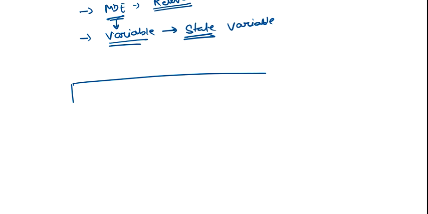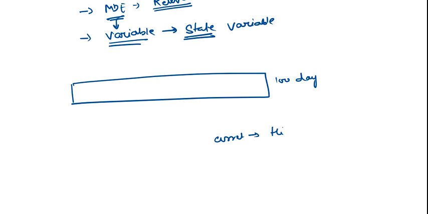Suppose this is your full 100-day data, clear. This is your current state. Now the current state can be highly volatile, so you will choose which period is very highly volatile. Or you might choose different variables, such as the state of the economy.